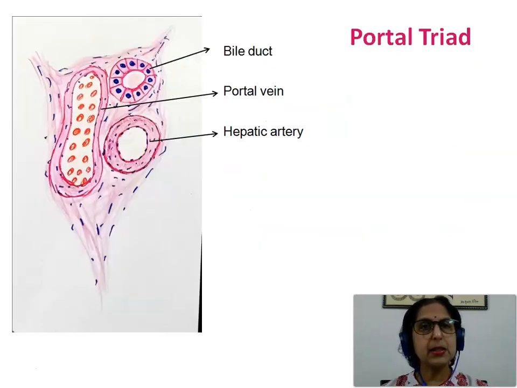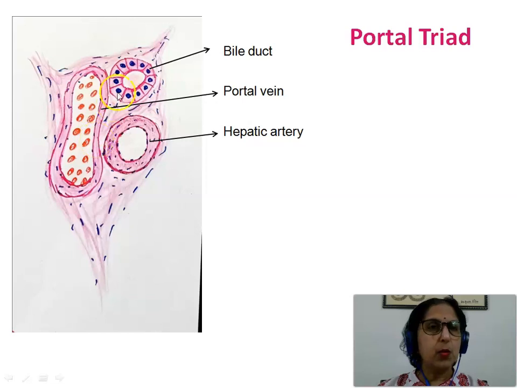This here is a diagram showing us the portal triad. So we see the 3 structures here: the portal vein, bile duct, and branch of hepatic artery. Now, the hepatic artery will have a circular lumen and a thick wall. It will be lined by simple squamous epithelium.